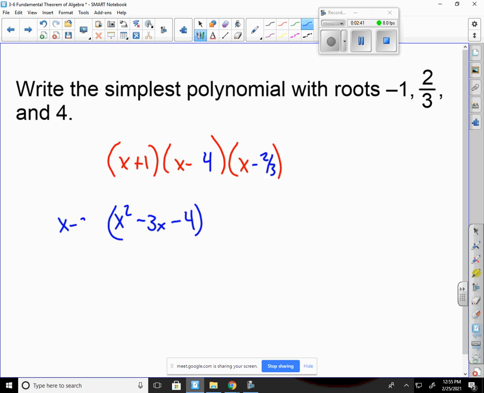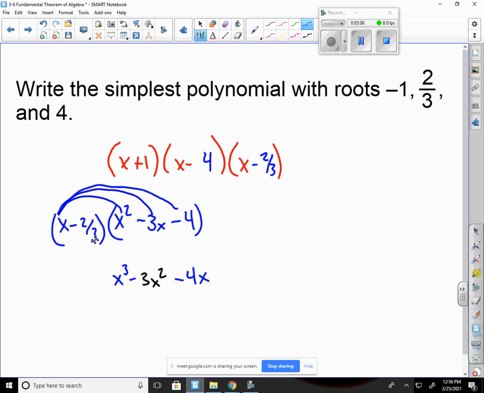Then I can multiply by x minus 2/3. First I'm going to distribute my x to each term. So it's going to give me x to the third minus 3x squared minus 4x.